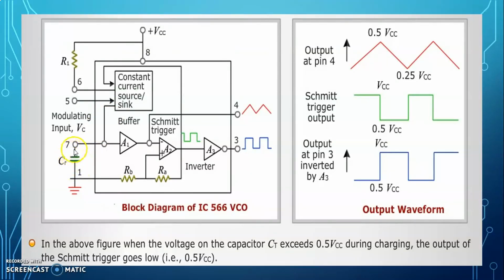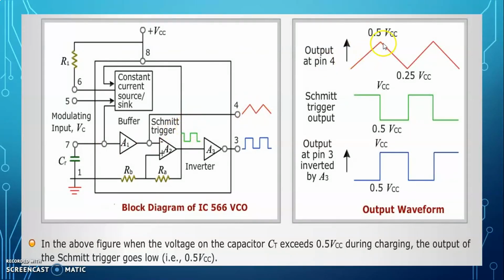The voltage across the capacitor decreases because the discharging process is going on. At the same time, the Schmitt trigger inverting terminal input voltage also decreases because the capacitor is connected to the Schmitt trigger negative terminal through the buffer, and the capacitor is continuously discharging.